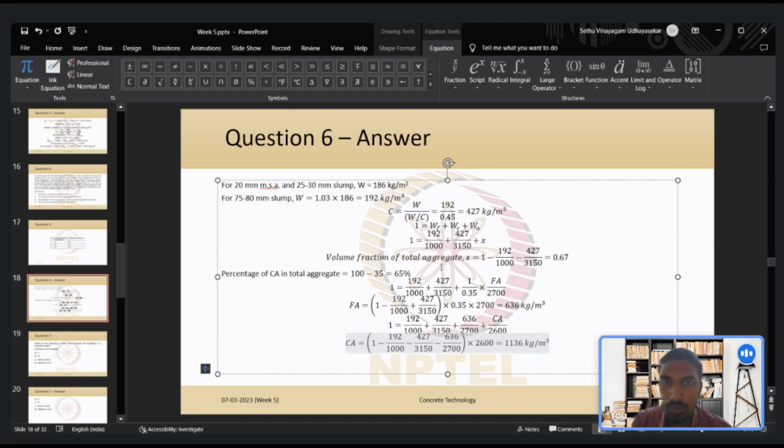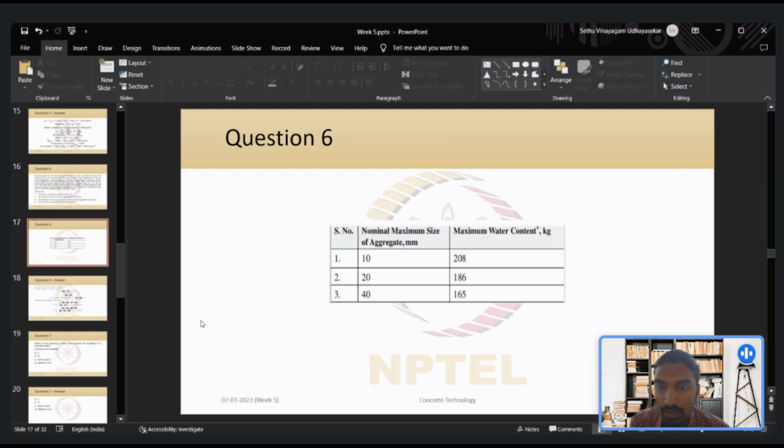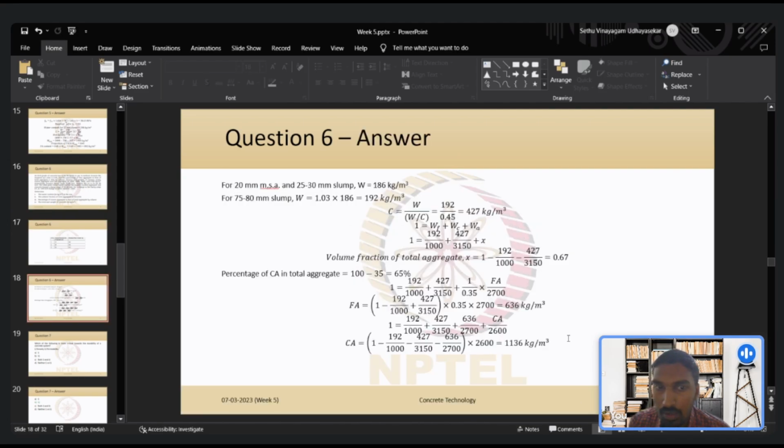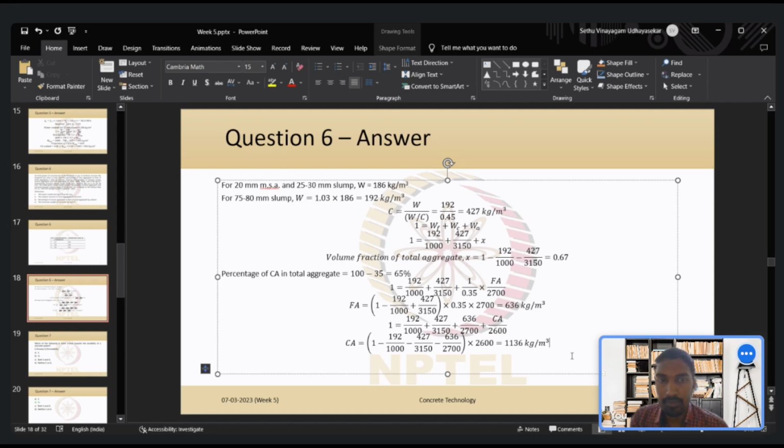So we found out the water content, cement content, the fine aggregate content, and the coarse aggregate content, but what we wanted to find is the total unit weight, right? So it will be nothing but the sum of all the four components.